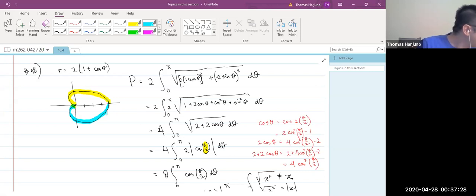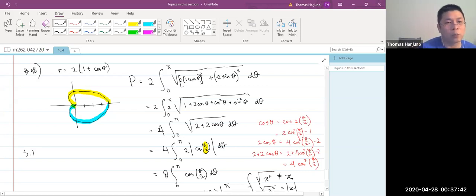I think that's where I want to stop for this section. Only one example, I think that's good enough. You just need to do a lot of exercises here. Then your suggested homework from this 10.4 will be number 1 to number 11, and then number 17 to number 41, and then 45, 47.